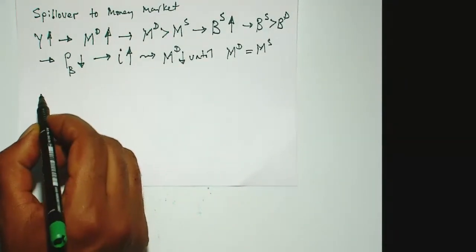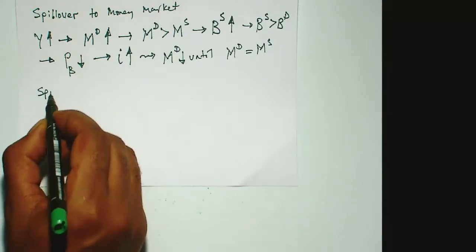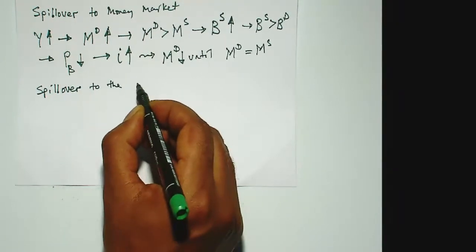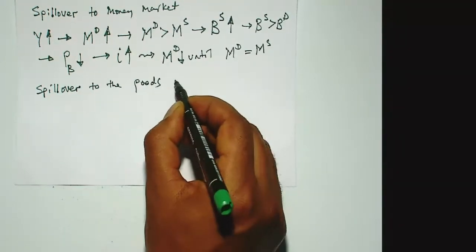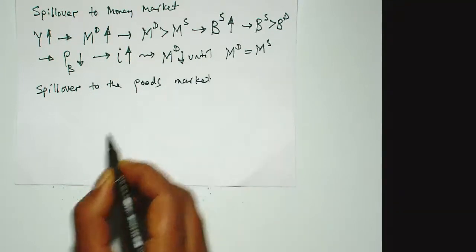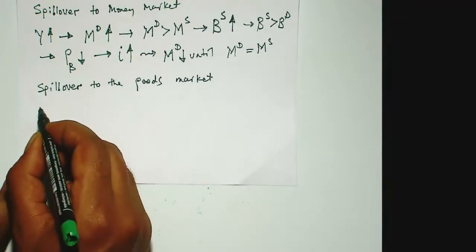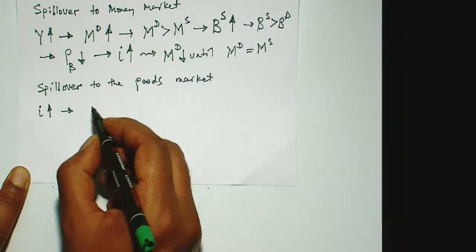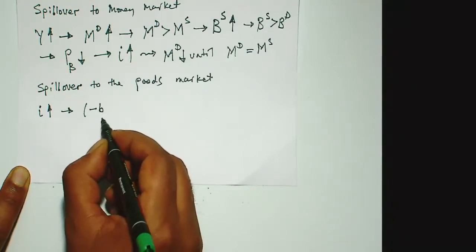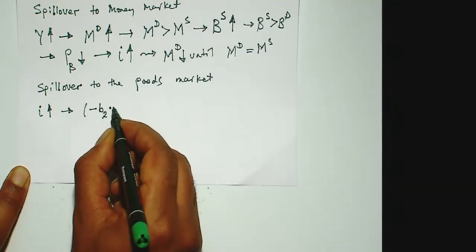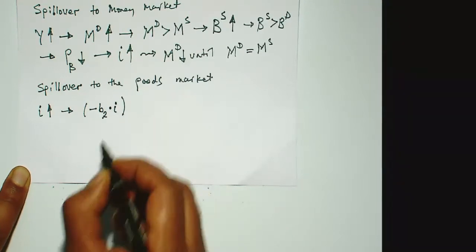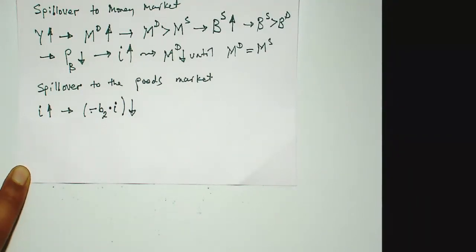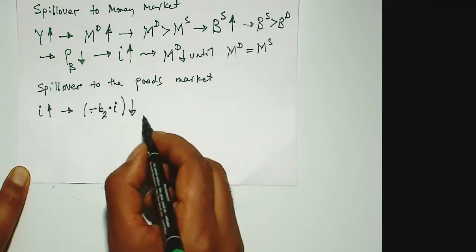The spillover of this increase can also be indicated in the goods market. We have said that our interest rate is increasing. If the interest rate is increasing, having seen the formula for our IS curve, this entire term would be decreasing because we have a negative sign.